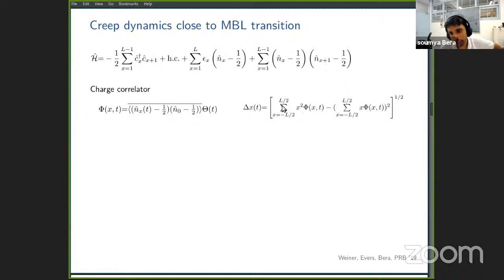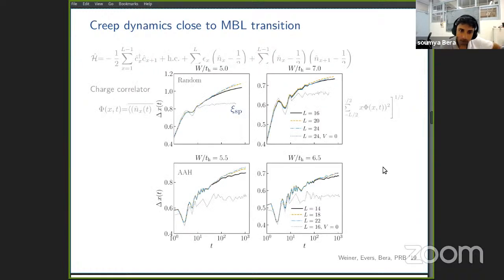So this is the sum of x squared times the correlator at x and t, where I subtract the mean value. I will be looking mostly at the MBL phase, not the ergodic phase. By MBL, I mean the values of W which are traditionally in the MBL phase.